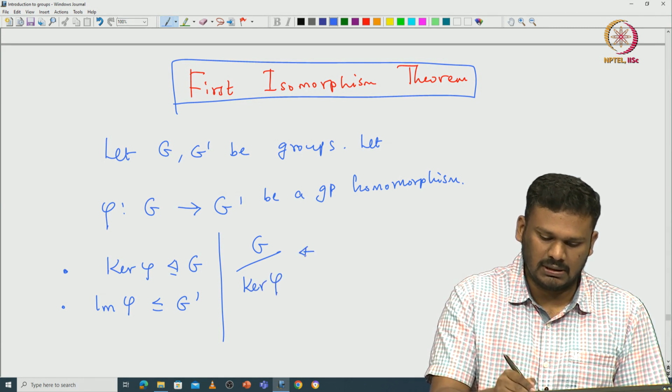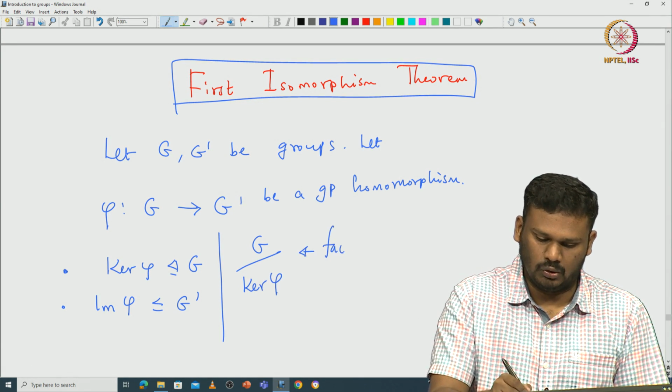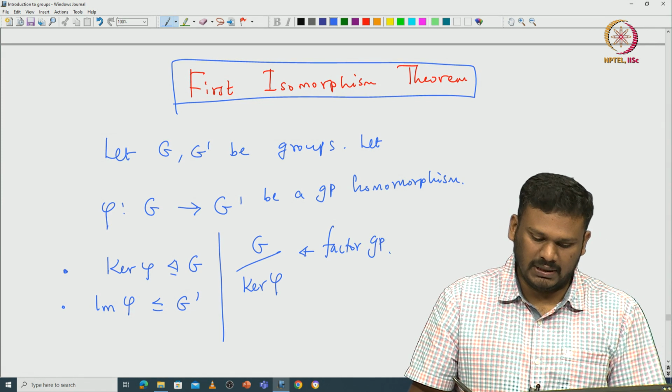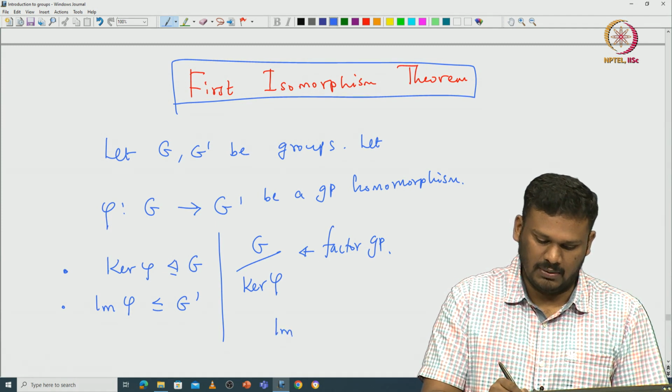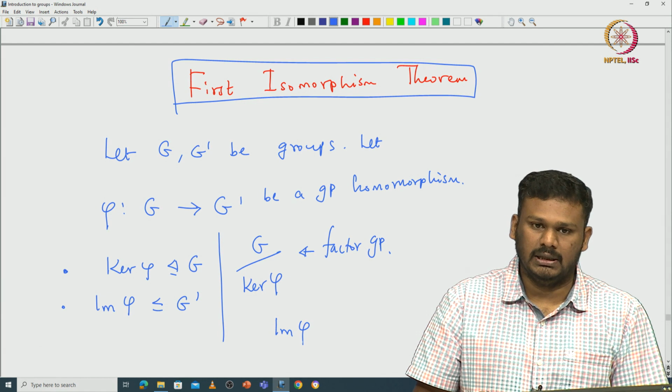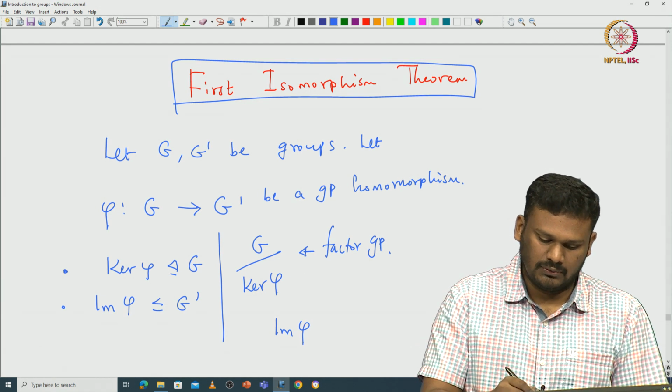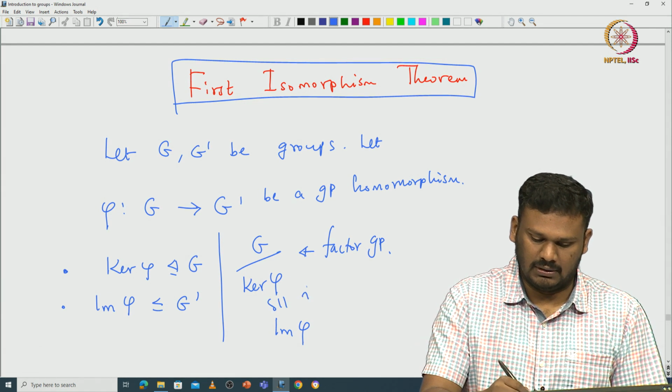This is a quotient group or a factor group. We want to relate this with the image of phi. Indeed, what we prove is that they are isomorphic.